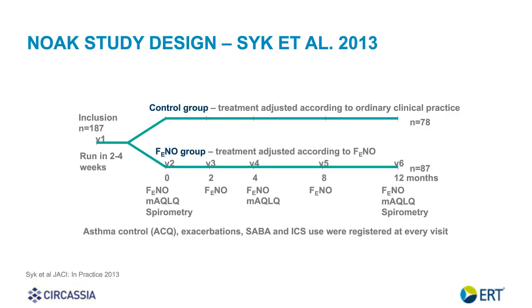This gives you a schematic of the study design, something that most of you are very used to looking at. They had a run-in period, they had the control group versus the FeNO group, and the various visits where they measured FeNO, and at other visits they measured FeNO along with quality of life and spirometry.